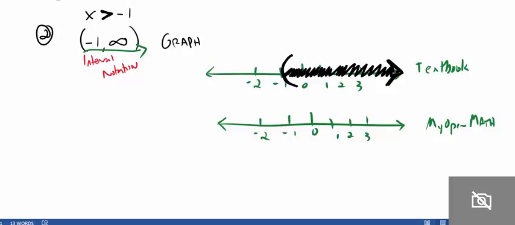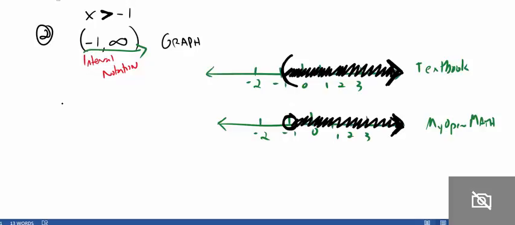That's the graph solution. So how would you do that when you do your online homework program in My Open Math? It's the same exact set. You're still shading all the values here, everything going that way. But instead, you'd have to select the open circle tool.